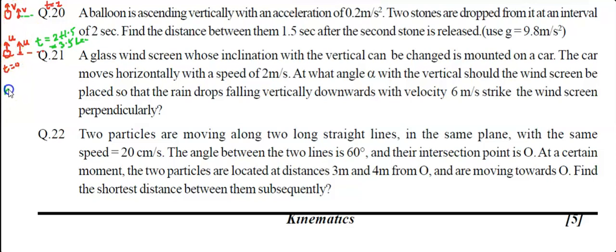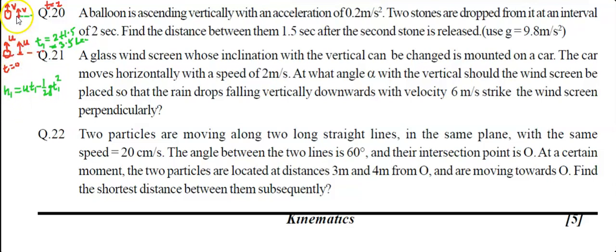Let's say h1 is the displacement of the first from this location in this time, t1. So this is going to be u t1, upward, minus half g t1 square. Now t1 is known to us, g is known to us, and u is unknown, and we are considering it as the initial velocity from where the dropping is starting.